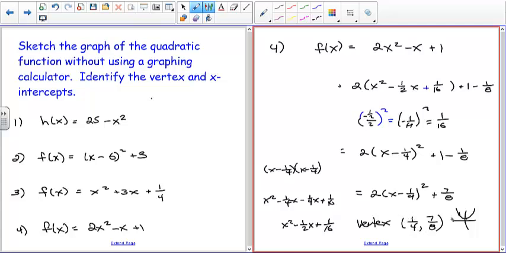So there are not going to be any x-intercepts. There would be a y-intercept, which would be y equals 1, because if we stick 0 in for these two, we'll get 1. And as far as drawing it, because of this factor of 2, we'll start at this vertex, and then we'll go over 1, up 2, instead of over 1, up 1. So that's kind of how we draw this thing.